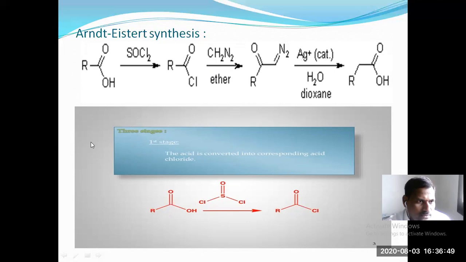There are three steps in this reaction. In the first stage, the acid is converted into the corresponding acid chloride: the acid reacts with thionyl chloride, and acid chloride is formed.